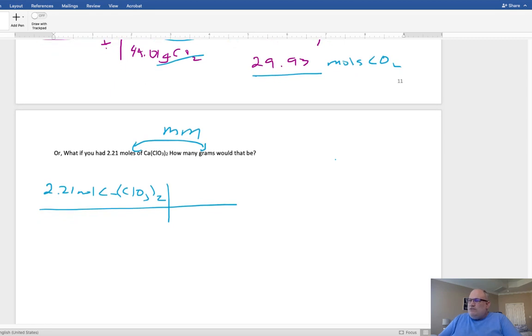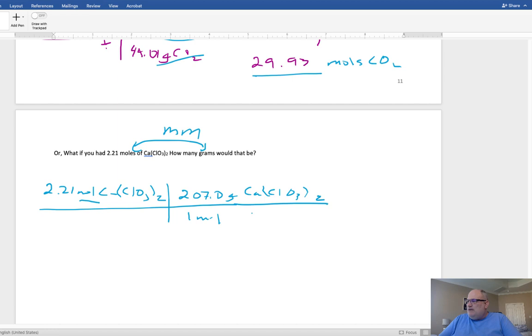Since I have moles on the top right now, I'm going to have the 1 mole on the bottom, and then I'm going to have my 207.0 grams of Ca(ClO3)2 on the top.